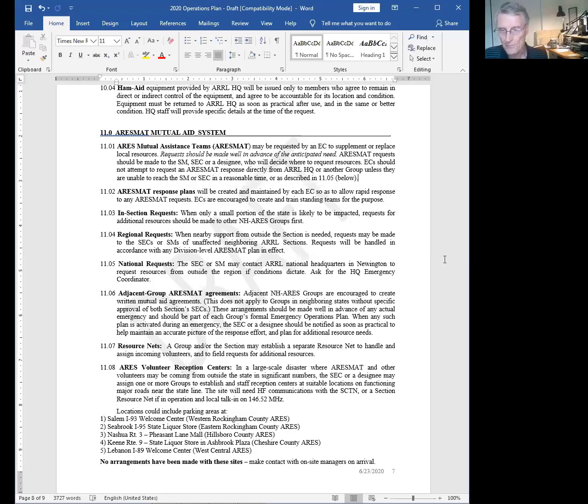They've just gotten wiped out by this hurricane. And you say, oh, geez, well, we'll work on something. It may take you a day to put something together. But if you've already got a plan in place, this is like a go kit with people in it. You've got a group who have agreed to be your ARES MAT response team if they're called to help with someone else.